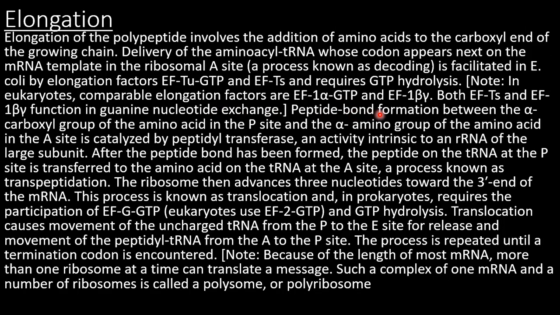Now, peptide bond formation between the alpha carboxyl group of the amino acid in the P site and the alpha amino group of the amino acid in the A site is catalyzed by the peptidyl transferase, which is an intrinsic activity of the RNA of the large subunit.